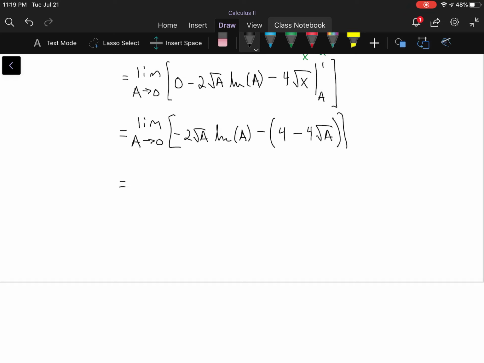Almost there. So this is the limit as a goes to 0 of negative 2 root a, natural log of a, minus 4 plus 4 root a. And now we are ready to actually evaluate this limit.